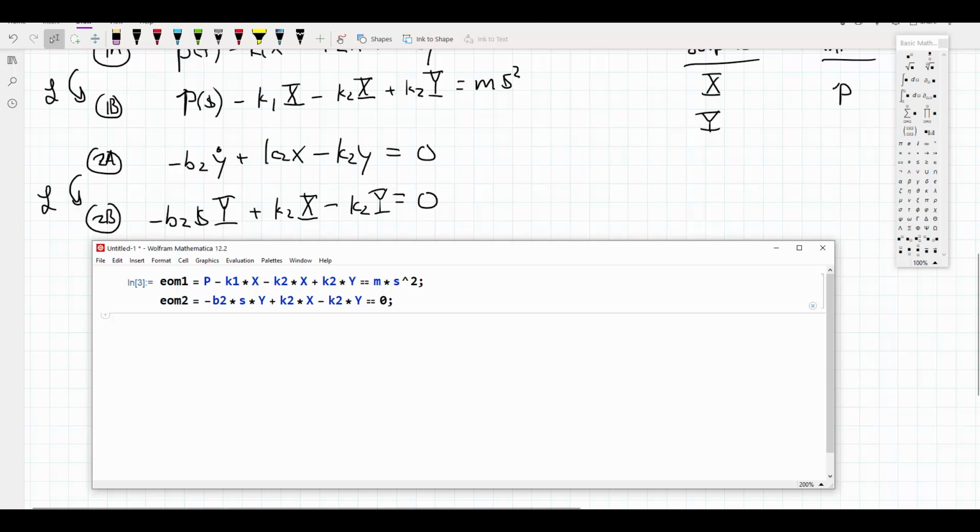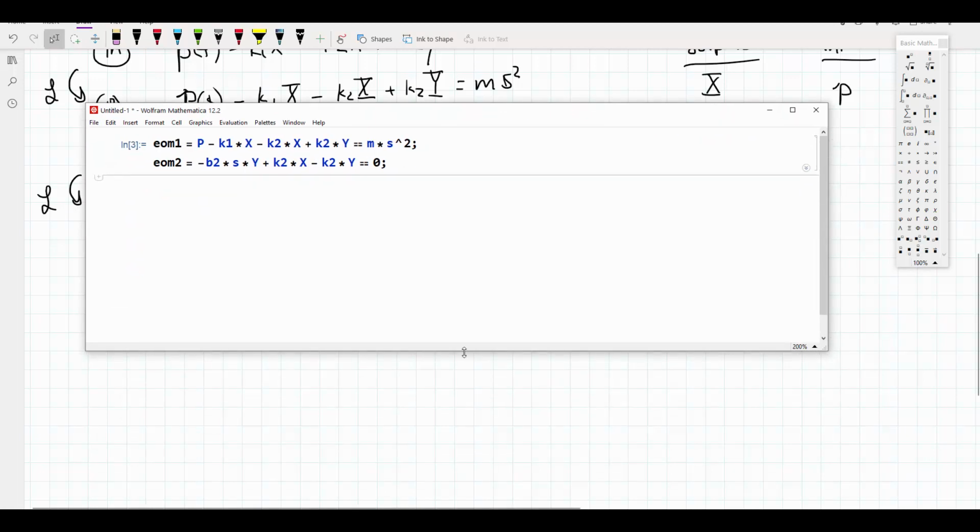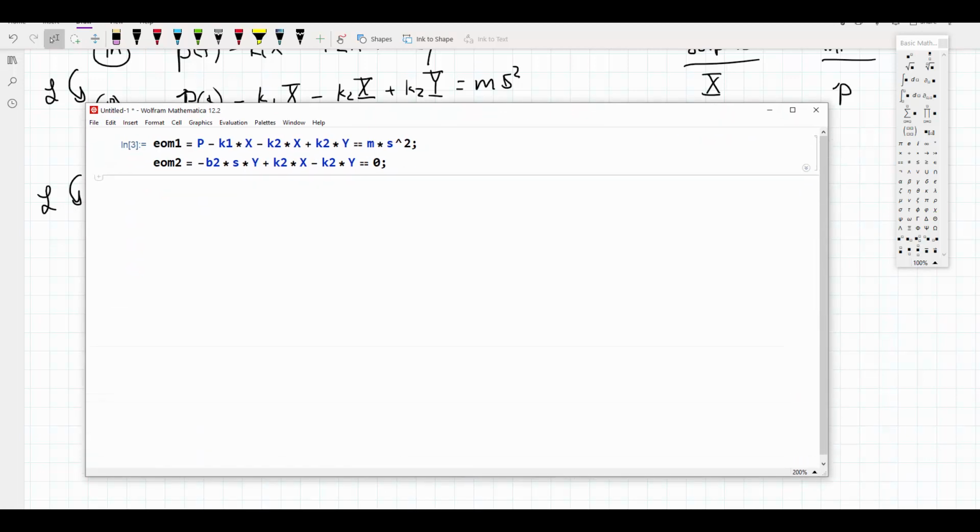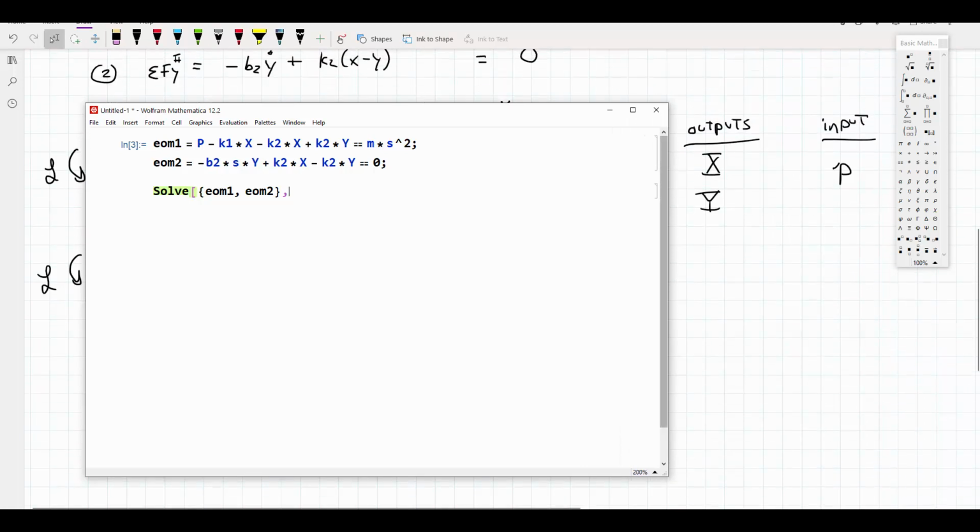Now I can let Mathematica do some algebra for us. So I can tell it to solve. And now I have a list of two equations, EOM1, EOM2. Notice these are in the curly braces. And now I do have to explicitly put what I want it to solve for, because remember, I have three variables, x and y and p, but here I have to put my outputs, which again I noted earlier, my outputs are x and y.